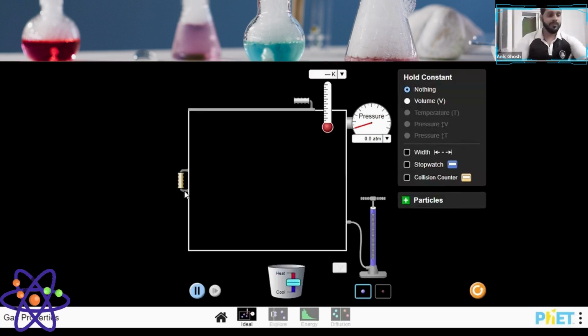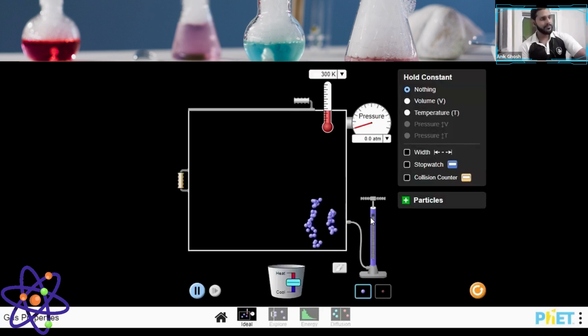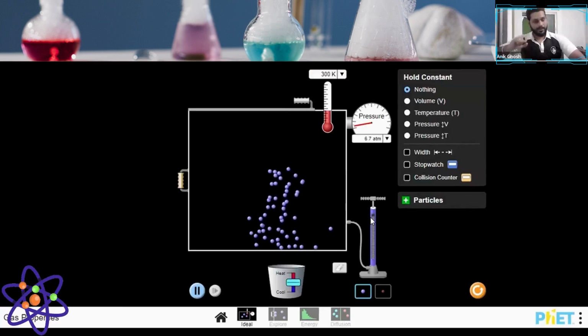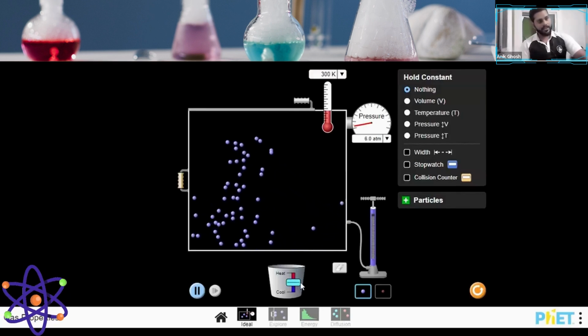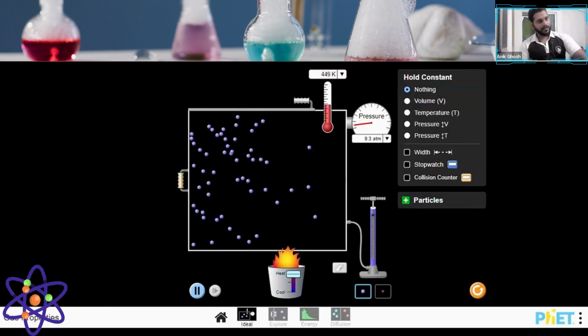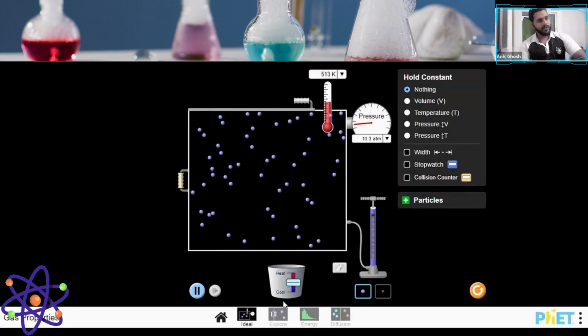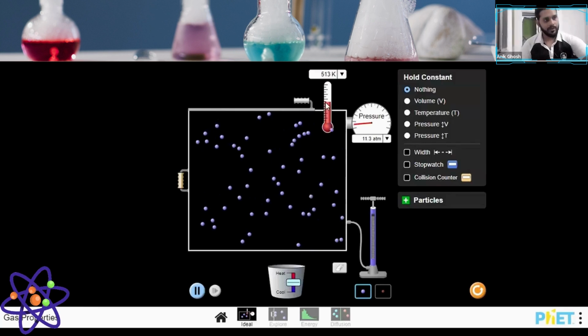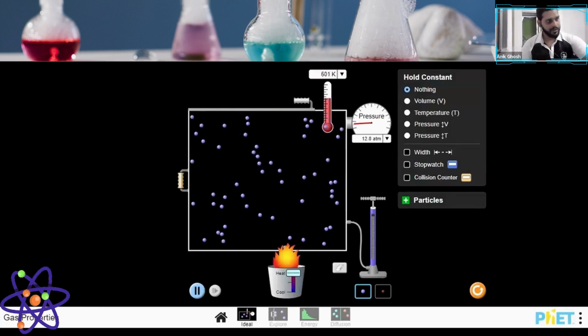Okay. So now you can see that I'm going to pump in some particles, and I'm gonna heat them a little bit. You can see that the temperature is rising over here in the thermometer up there. So I'm heating it again.